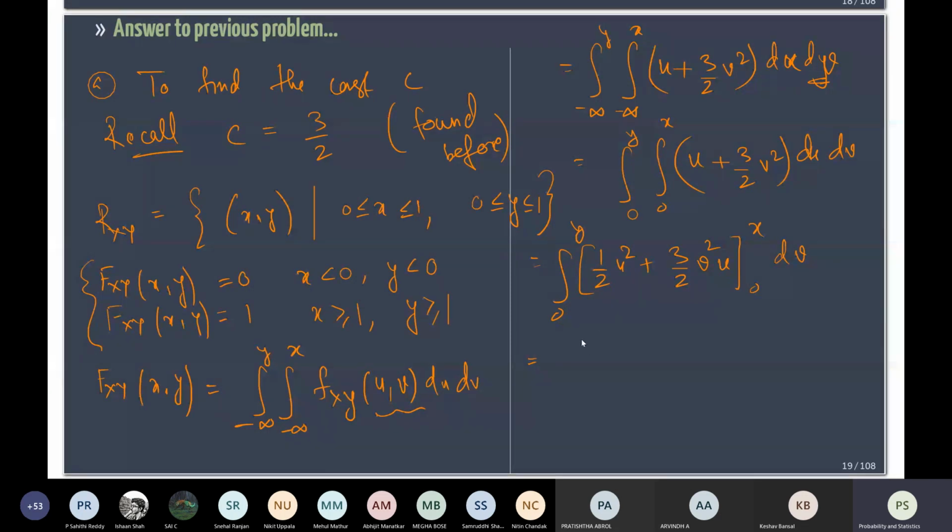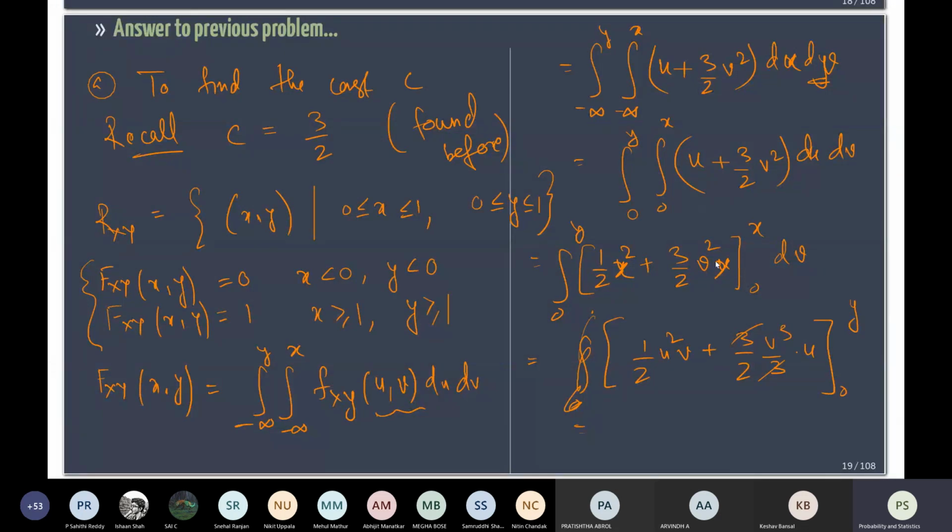Now we integrate with respect to v. After the integration, it should have been in x, because I substituted the value of x, so I should do this in x.